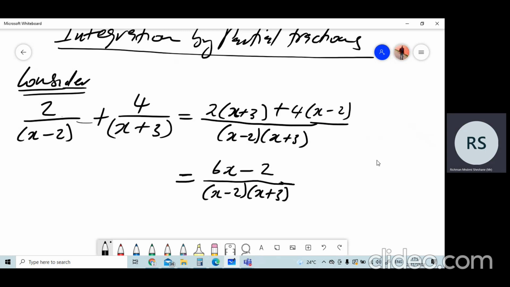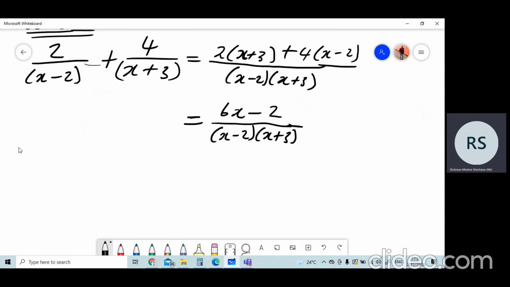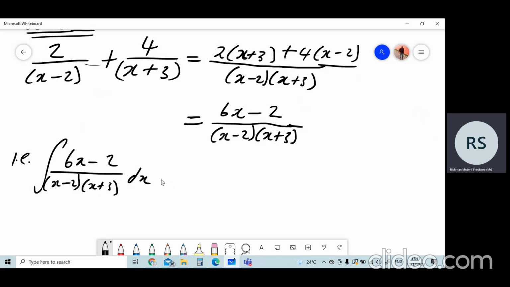So what I mean, let's say you want to integrate 6x minus 2 over x minus 2, x plus 3 dx. You don't have a standard integral of this, but you're able to put it into partial fractions because it equals the sum of its partial fractions.